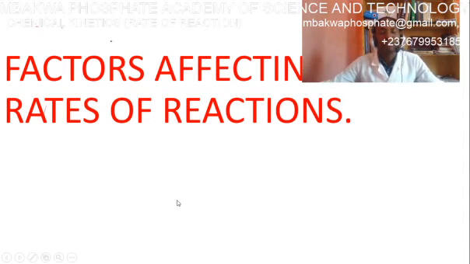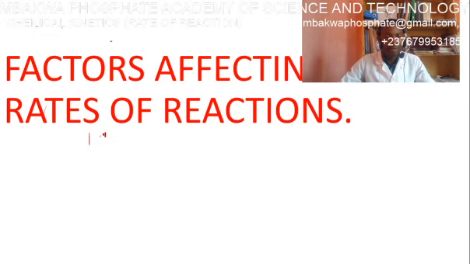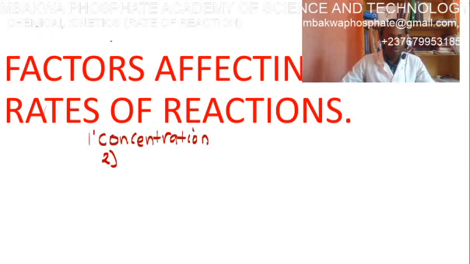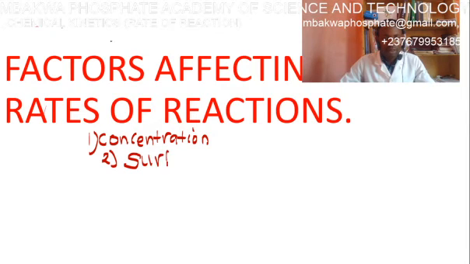And the next thing we want to look at is factors affecting the rate of chemical reactions. Number 1, we have concentration. Number 2, we have surface area of reactant.